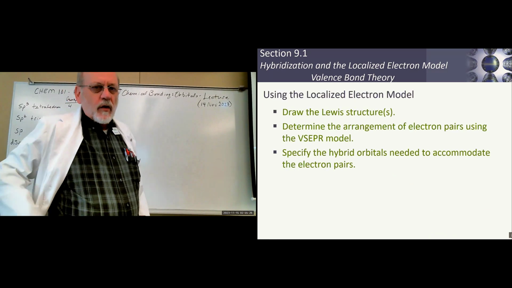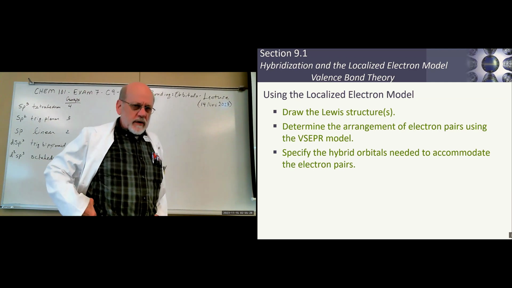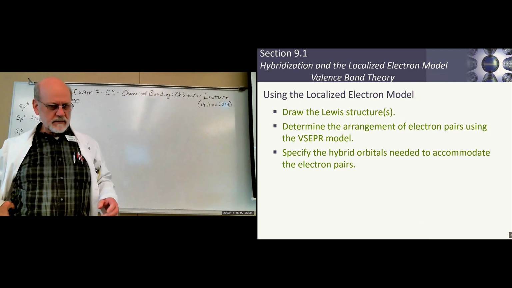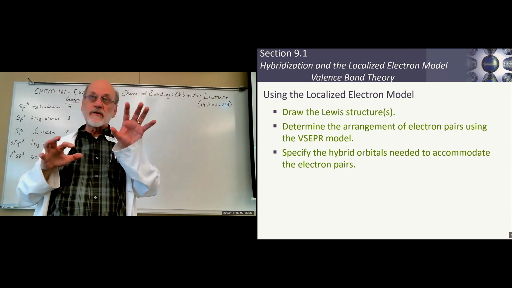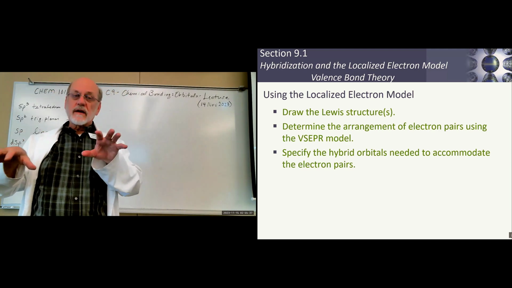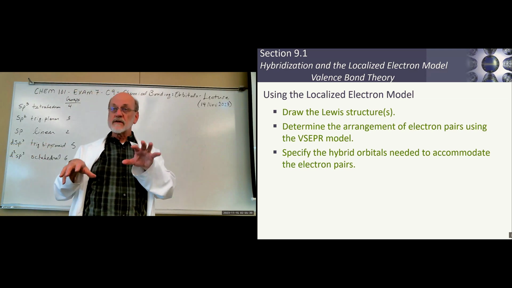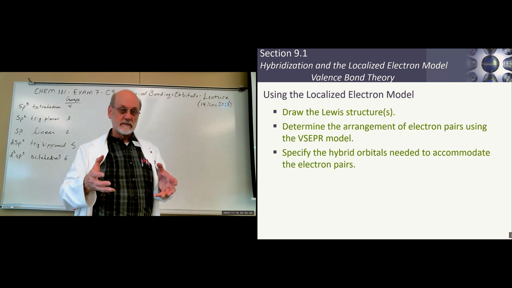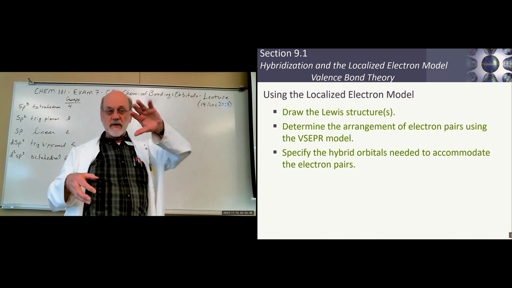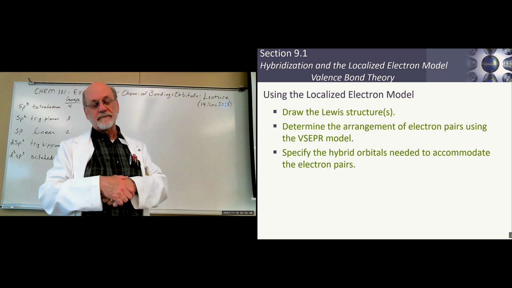Okay, so when we use the localized electron model, we know we have to start with the Lewis dot structure. Then we use that information to determine the electronic structure with the VSEPR model, and then the molecular structure. From that, we just cover up the lone pairs and what's left over.